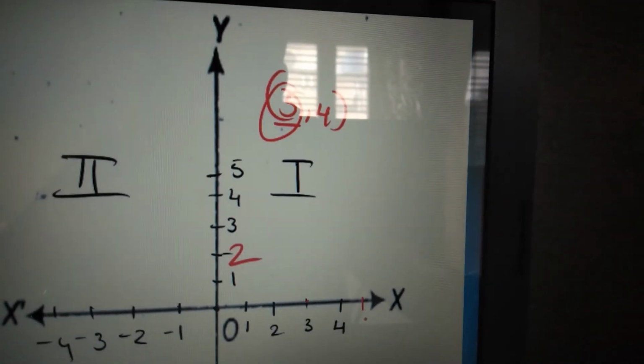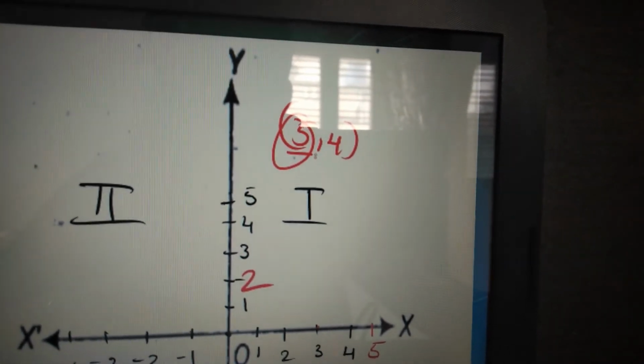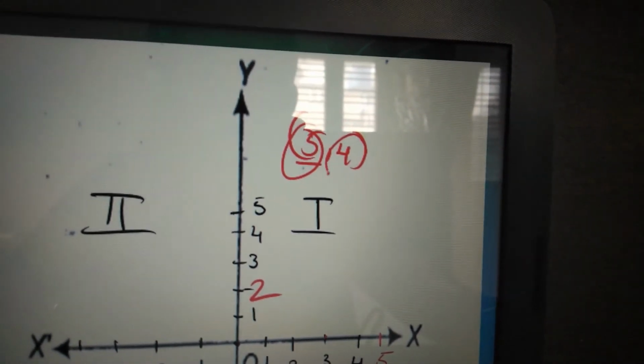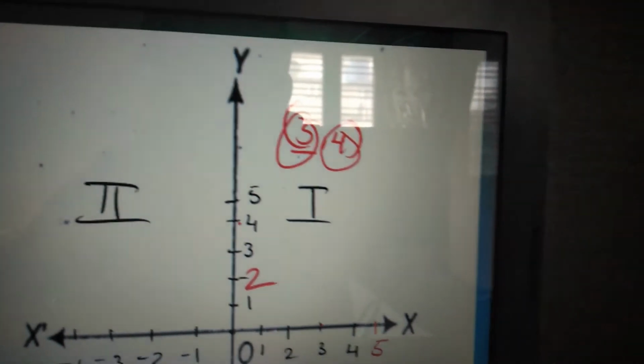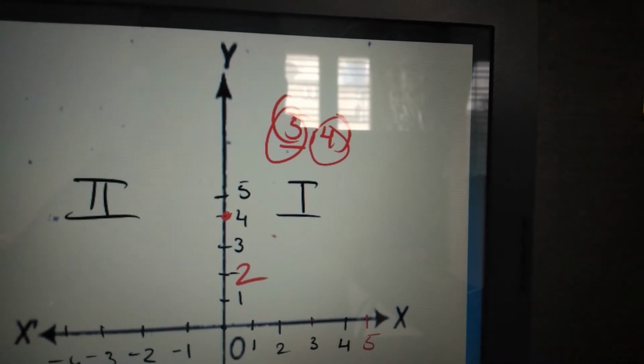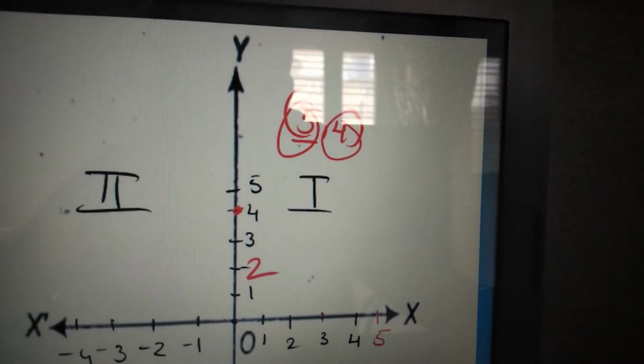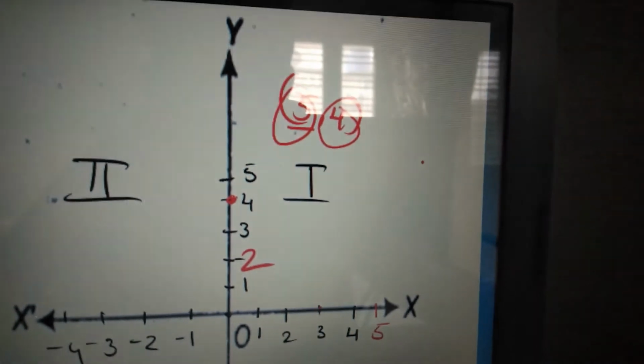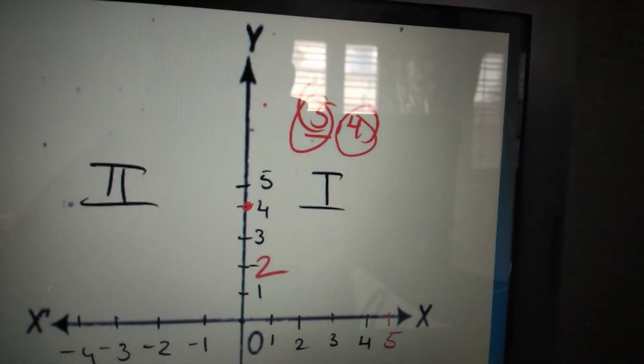So this 5 will come here. And you can also see that the y coordinate is 4, so it will be this particular number.